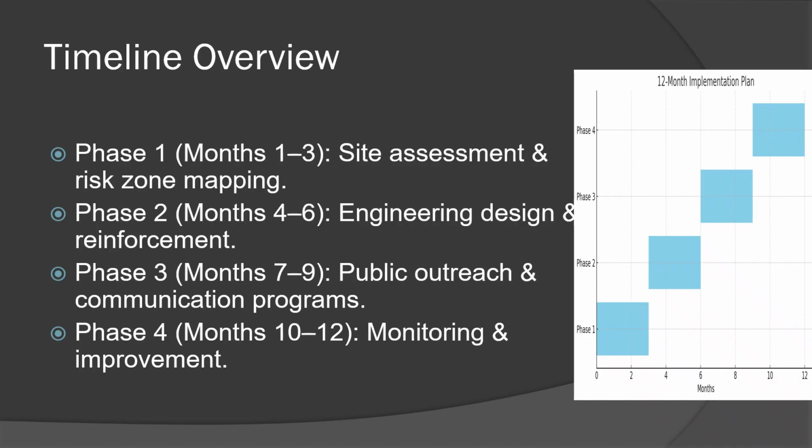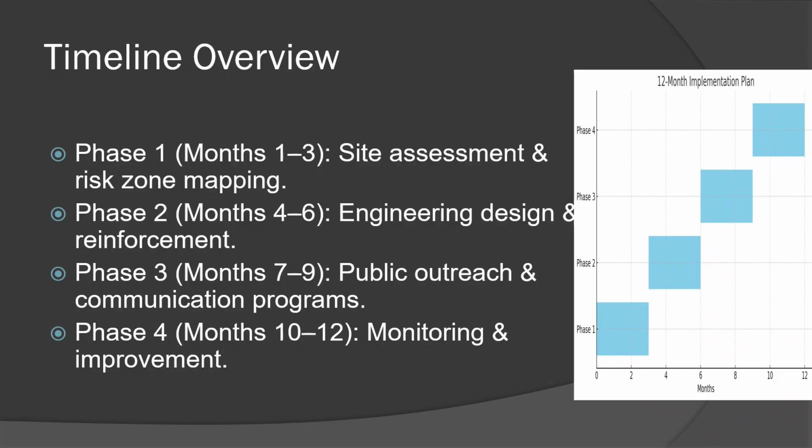Okay, obviously we can't fix everything overnight. I have mapped out a 12-month plan to make this workable. For phase one, the first 3 months are just about assessment, like mapping the risk zones so we know where the problems are.